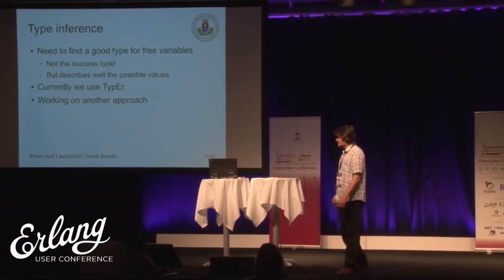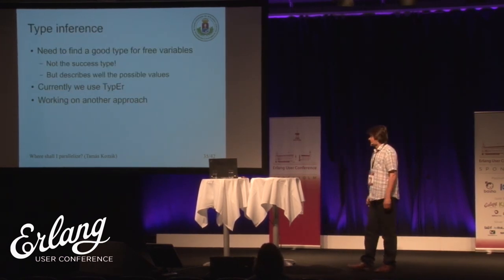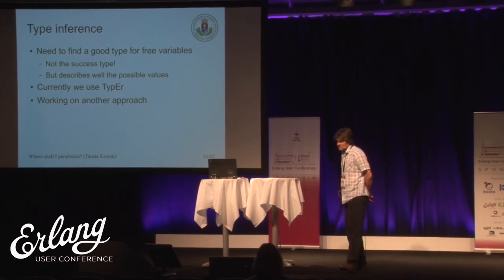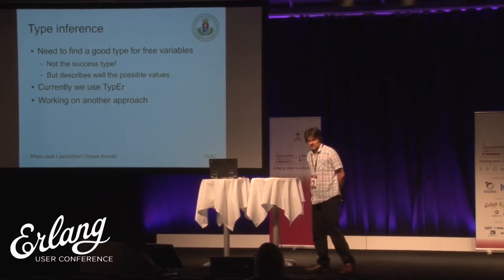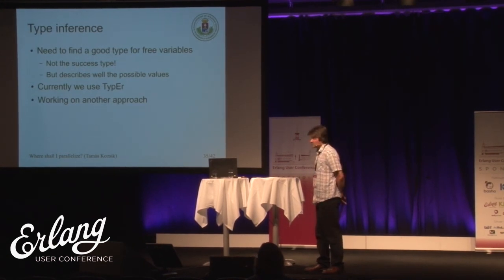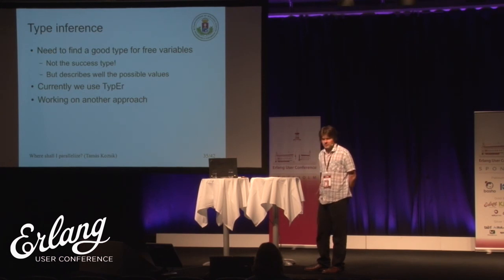But for that, of course, we need some type inference which is good enough, which is not the success typing provided by Typer, for instance, because Typer is happy to provide any as a type for everything. So we need more conservative typing. At the moment, we are using Typer with specs. It works for many cases, but we have to work on another approach, a better type inference algorithm for this purpose.